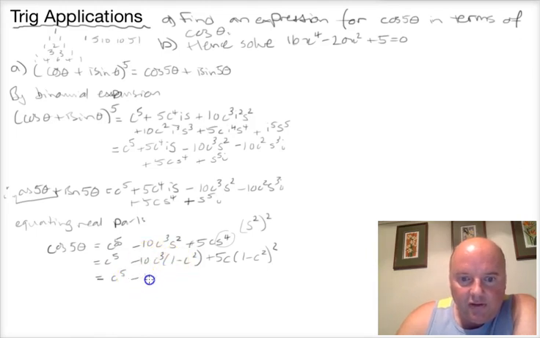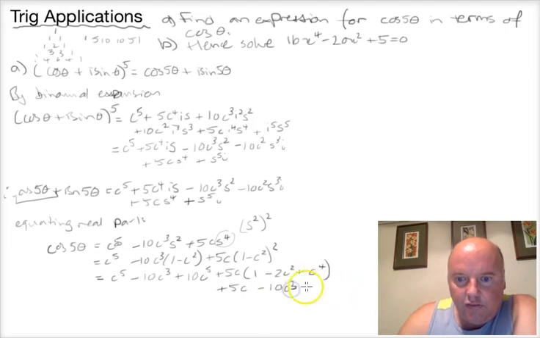Expanding this out, we get minus 10 cos cubed. Now that times that gives you a plus 10 cos to the power of 5. Got to expand this and then multiply by 5 cos, so we get 1 minus 2 cos squared plus cos to the power of 4. Expanding this part here, we get plus 5 cos minus 10 cos cubed plus 5 cos to the power of 5.